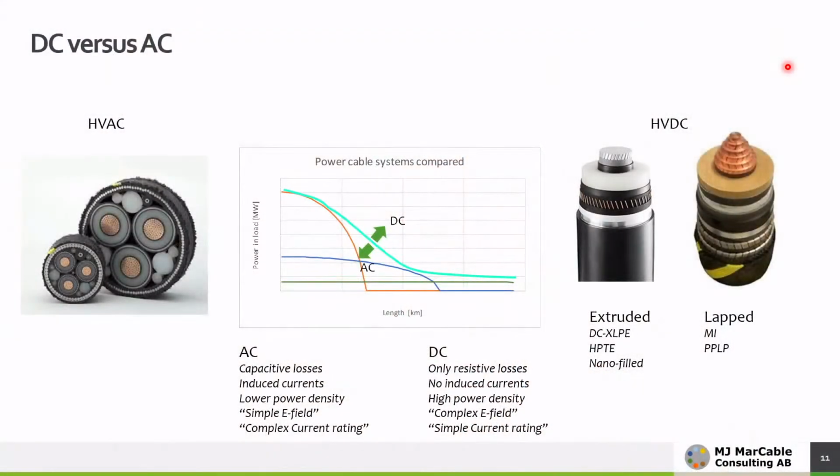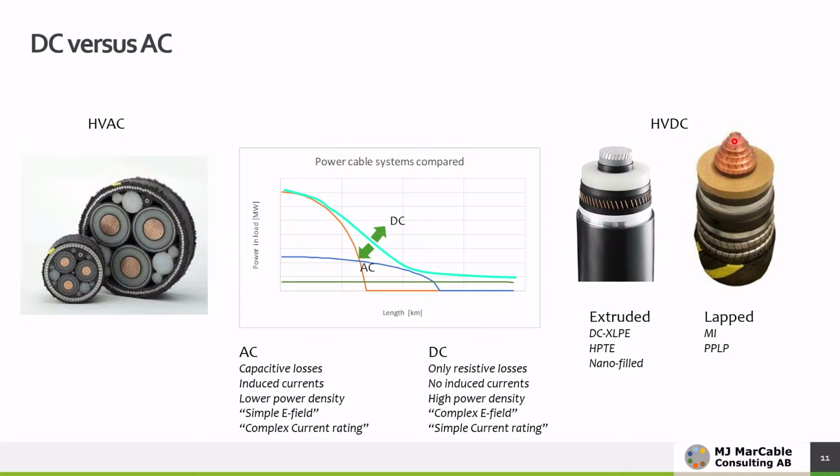This has nothing to do with the power that you want to transmit. It's just the cable heating itself up, and it diminishes the useful current. So the electrical field calculations for AC, and the physics behind them, are rather easy, although the current rating is much more complex to calculate. If you compare that to the DC cable with its two cores, then you only have what we call the resistive losses, the conductor losses, which simply means there is no length limitation.